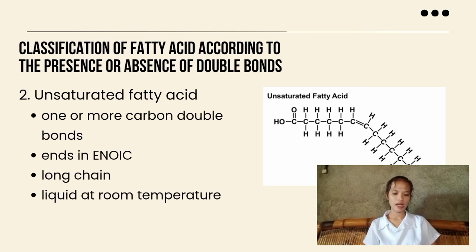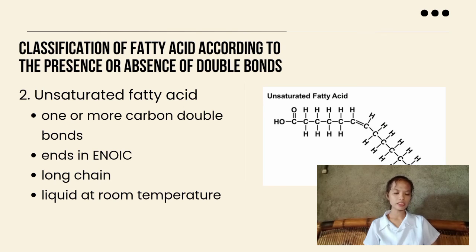So as I've said before, it has one or more carbon double bonds. So between C and C, there are two lines which are double bonds. Hindi lang siya isa, minsan dumadalawa siya. And it always ends with enoic. It has a long chain. Compared to saturated fatty acid, which may be short or medium, malimit lang yung long chain.